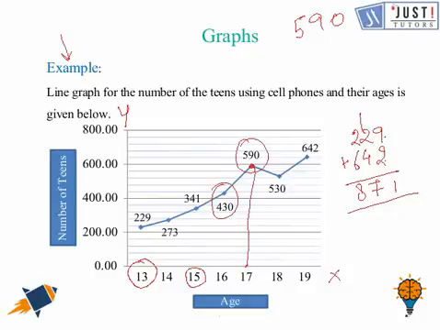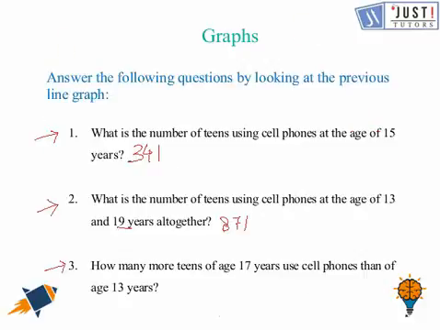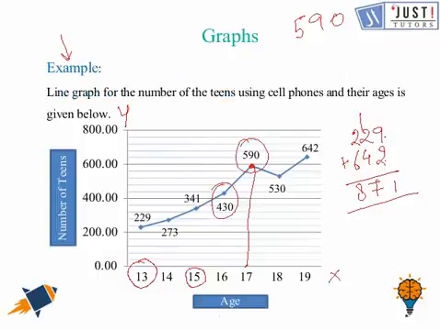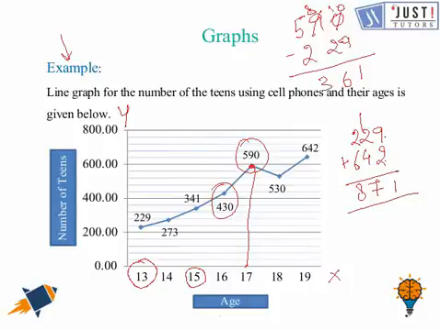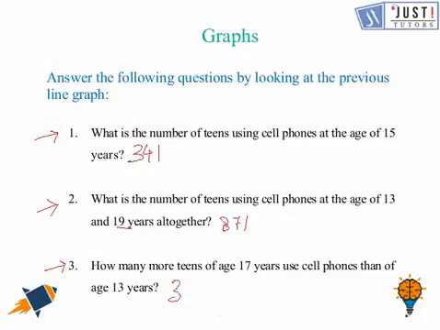The next one is at the age of 13, which is 229. Now we need to find the difference between them. So we take 8 over here and this is 10 over here. 10 take away 9 is 1. 8 take away 2 is 6. 5 take away 2 is 3. So the answer is 361. We write the answer here.